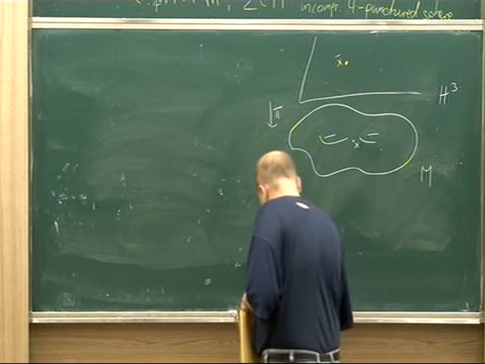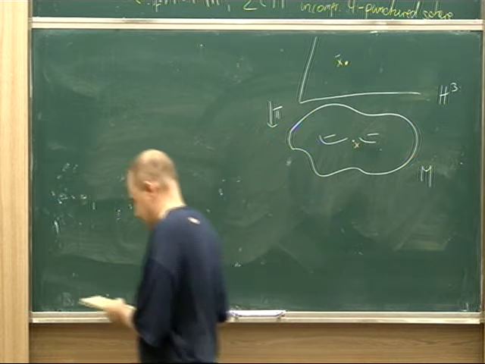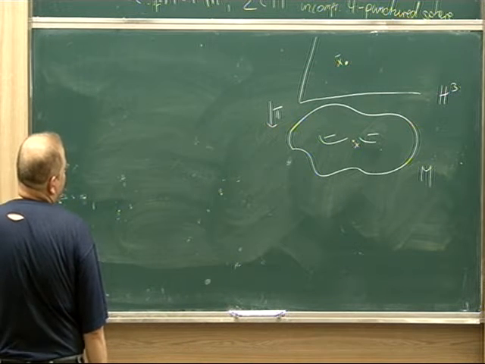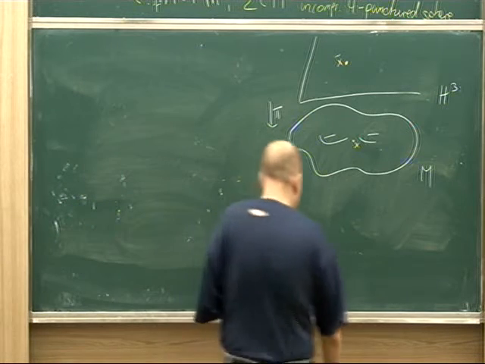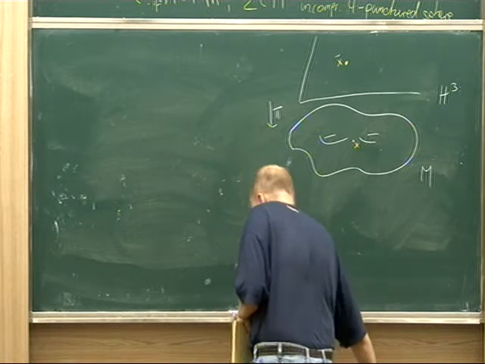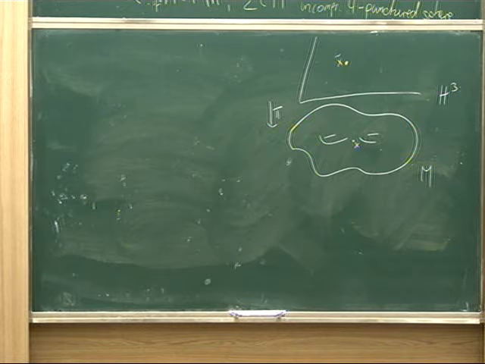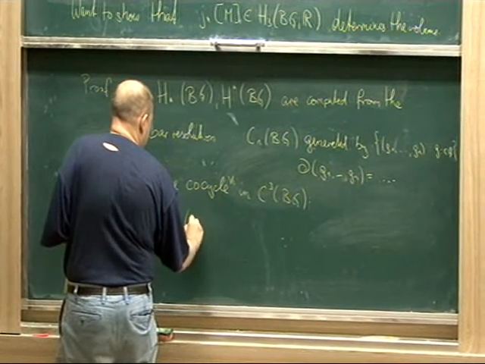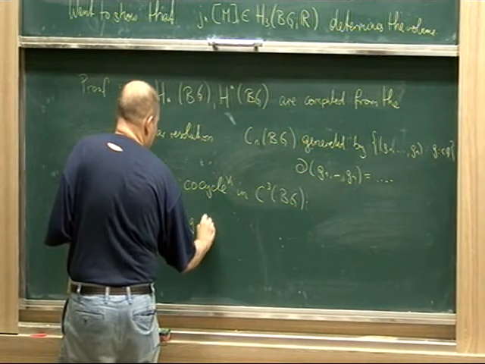Now, first the definition of the volume cocycle. A cocycle has to map three group elements to some real number, so we define it as follows.